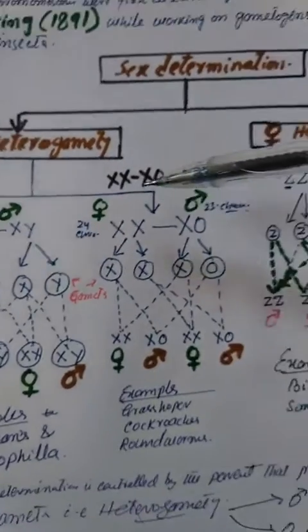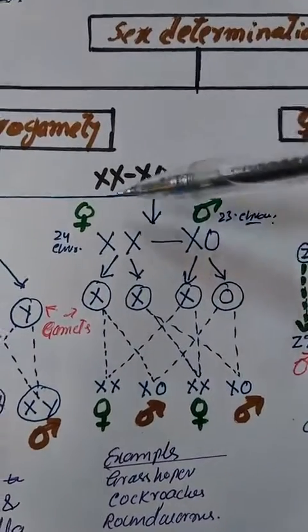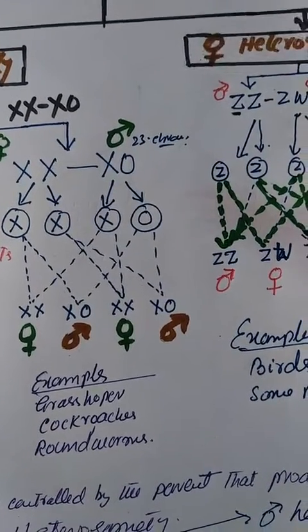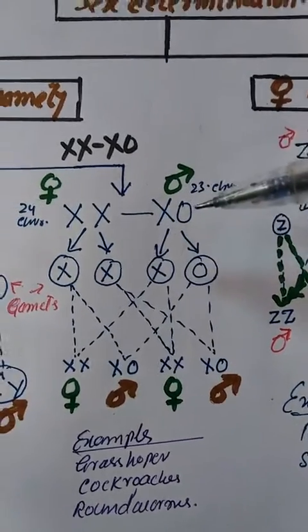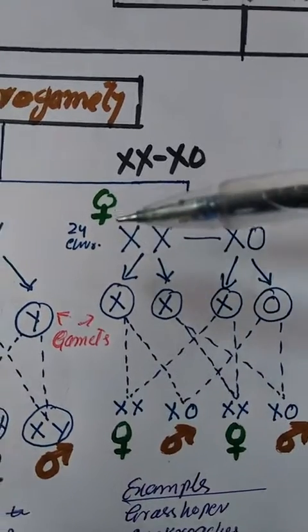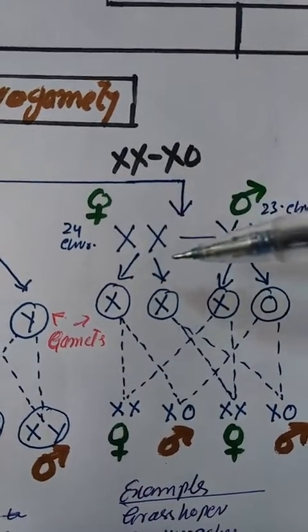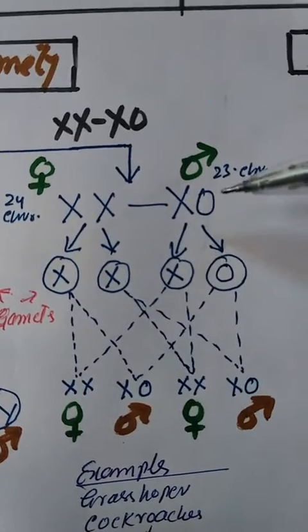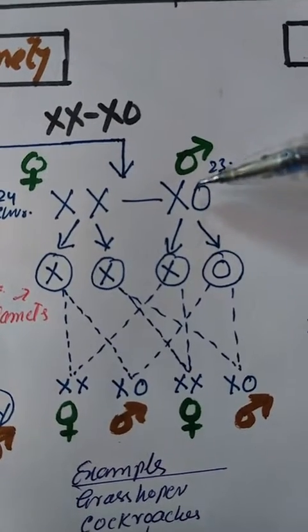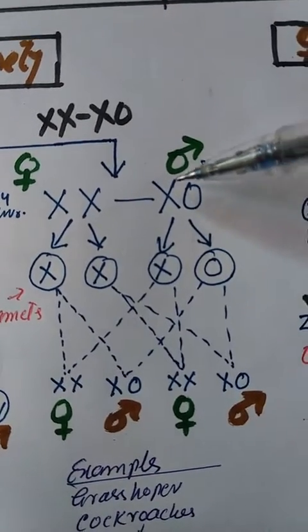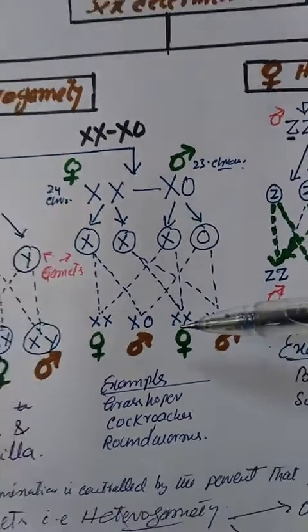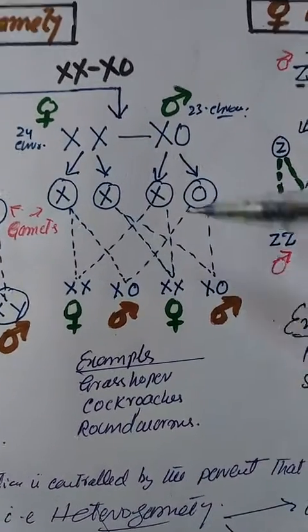Another method of male heterogamety is known as XX and XO type, in which the sex chromosomes of males are represented as X and O, while the females' sex chromosomes are represented as X and X. X and O means that one of these gametes has no sex chromosome, which is represented by O. So males are capable of producing heterogametes, which determine the sex of the offspring.